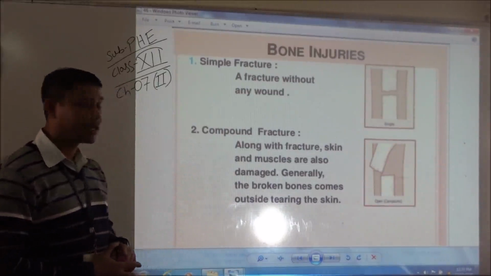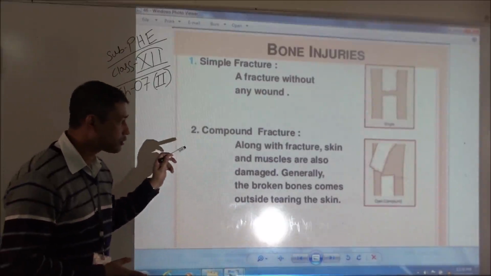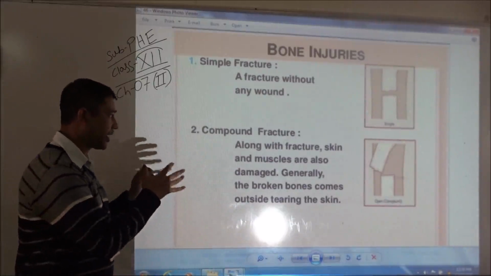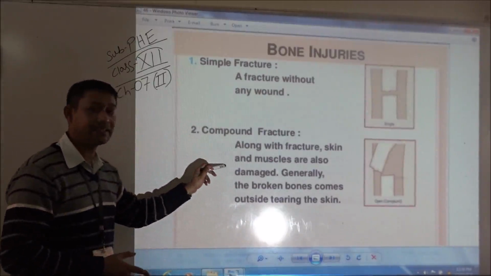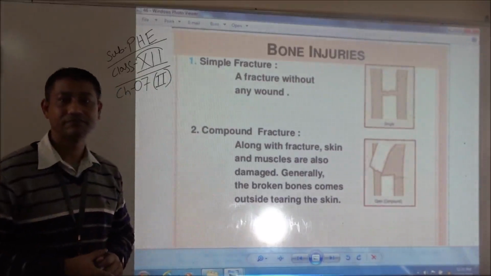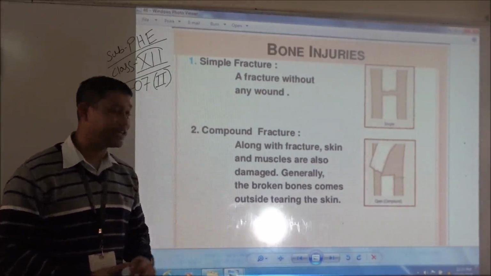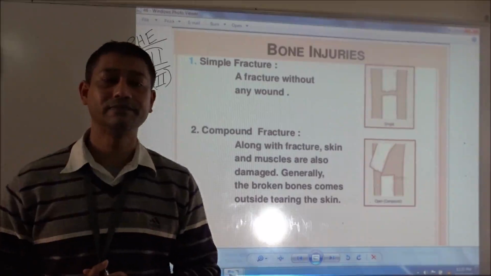Second one is compound fracture. Along with this fracture, skin and muscles are also damaged. Generally, the broken bones come outside, tearing the skin.